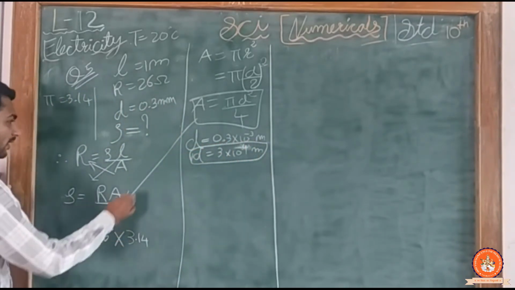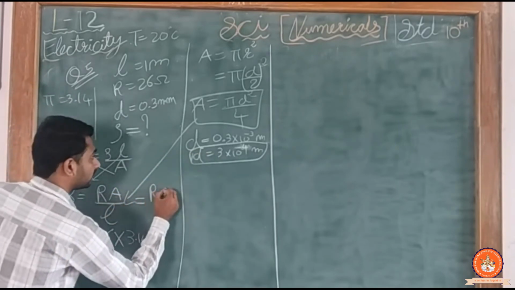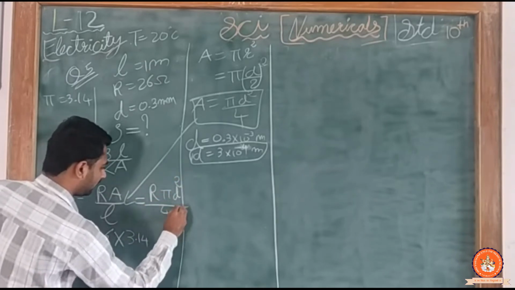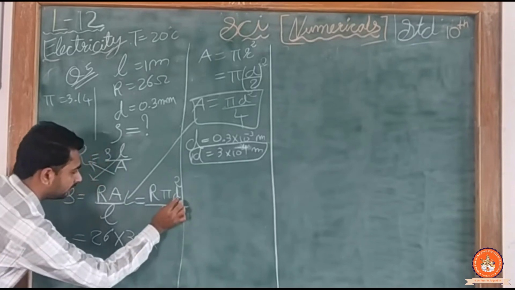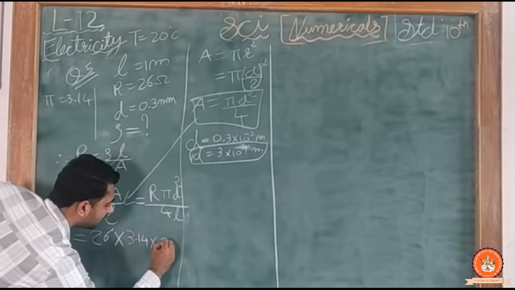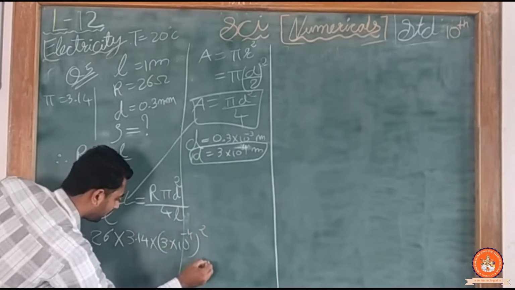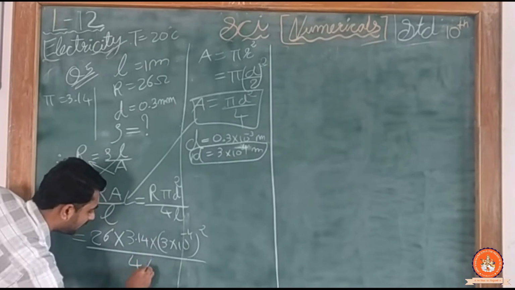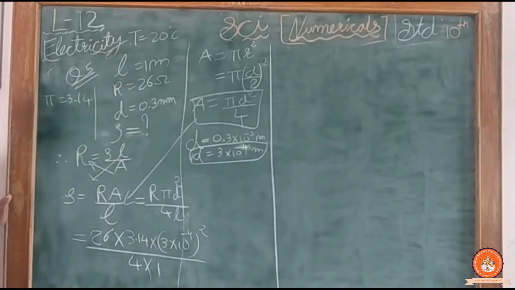Clear? Now placing this value here, I am writing like this only, pi d square divided by 4l. In place of d I will write 3 into 10 raised to -4 the whole square divided by 4l. So 4 multiplied by the value of l, which is 1 meter. Yes or no?